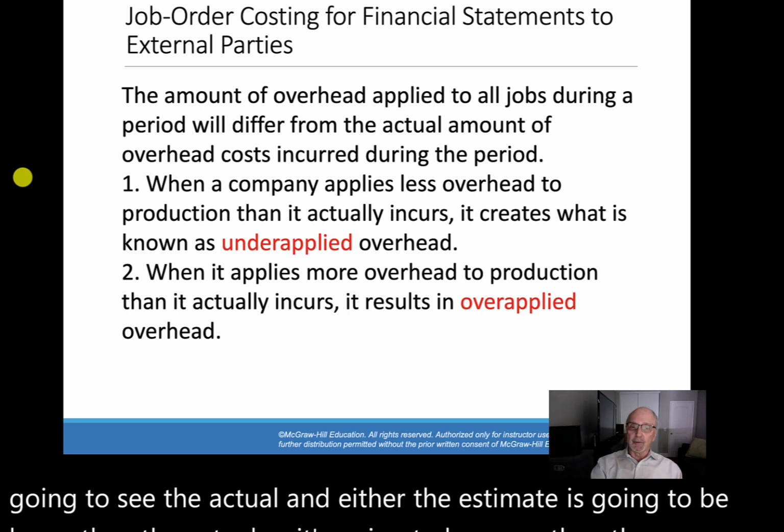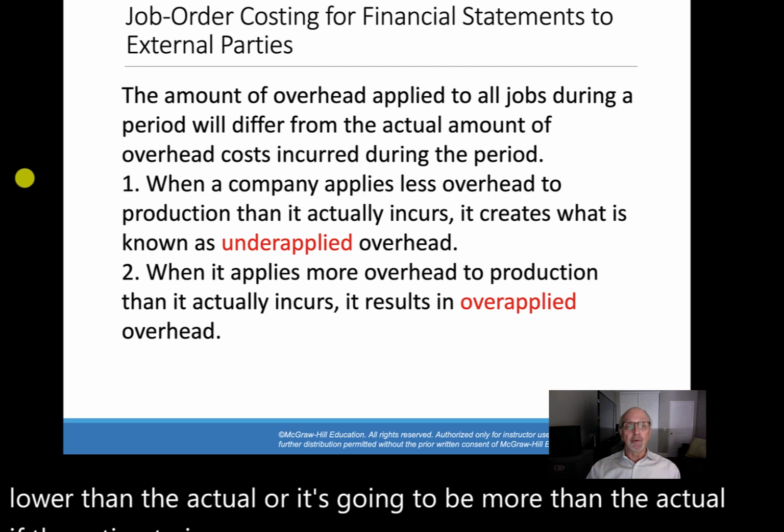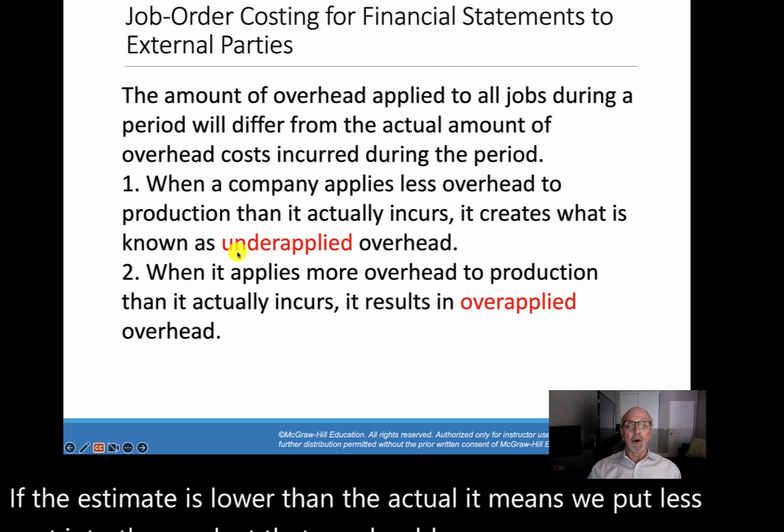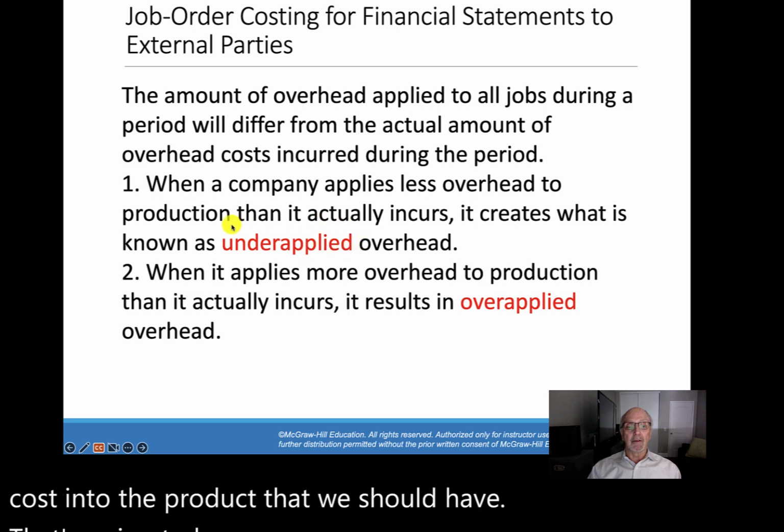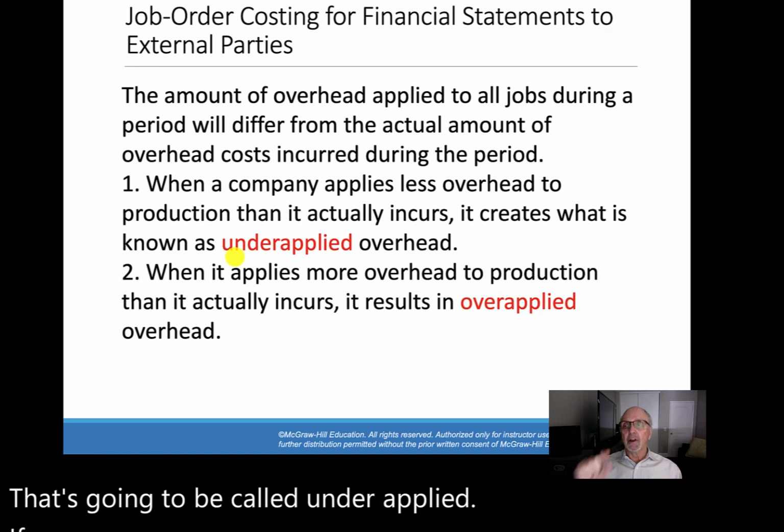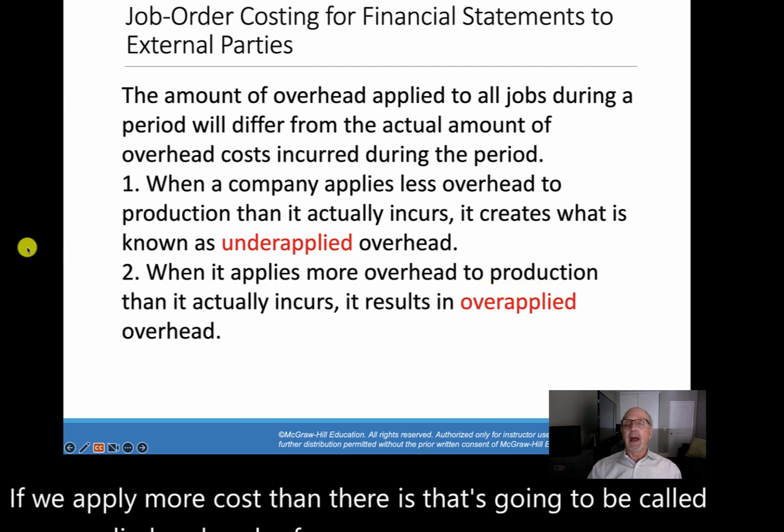If the estimate is lower than the actual, it means we put less cost into the product than we should have. That's going to be called underapplied. If we apply more cost than there actually is, that's going to be called overapplied. And each of these situations has to be taken into account at the end of the period.